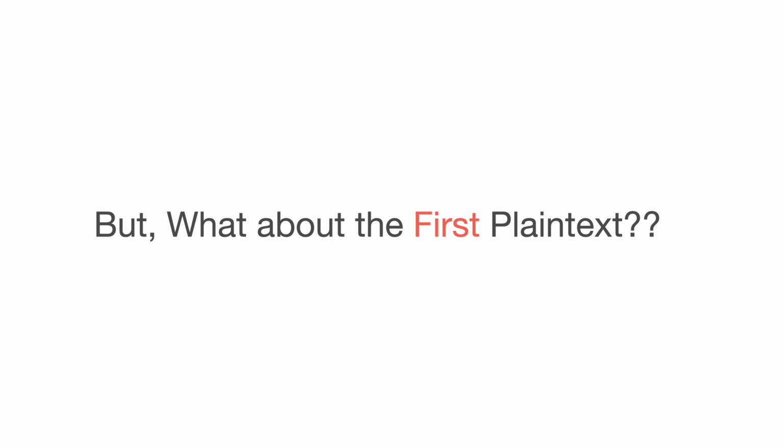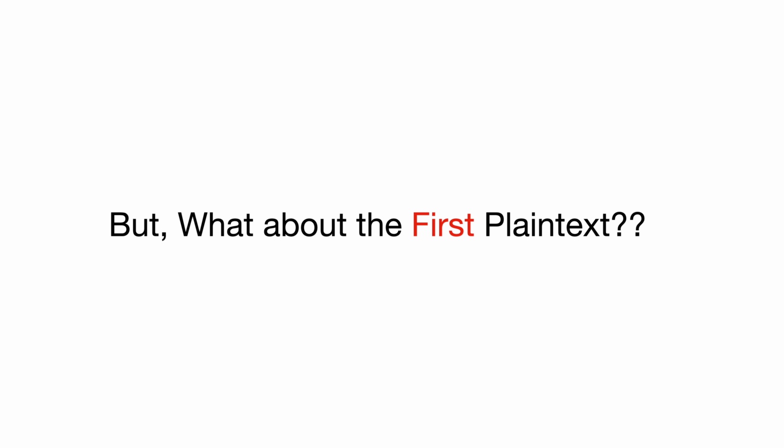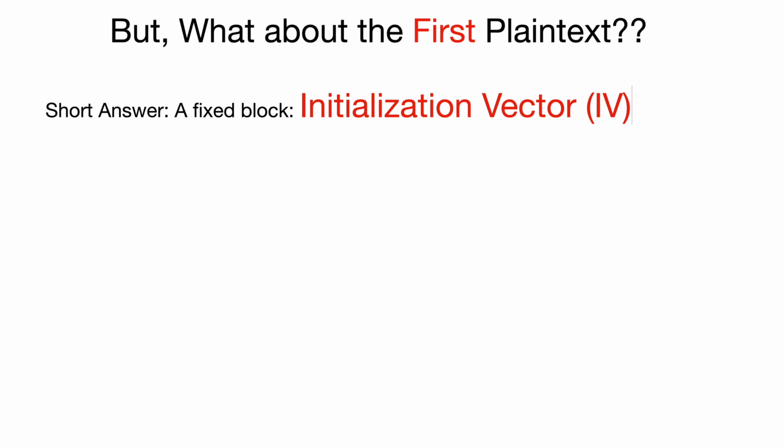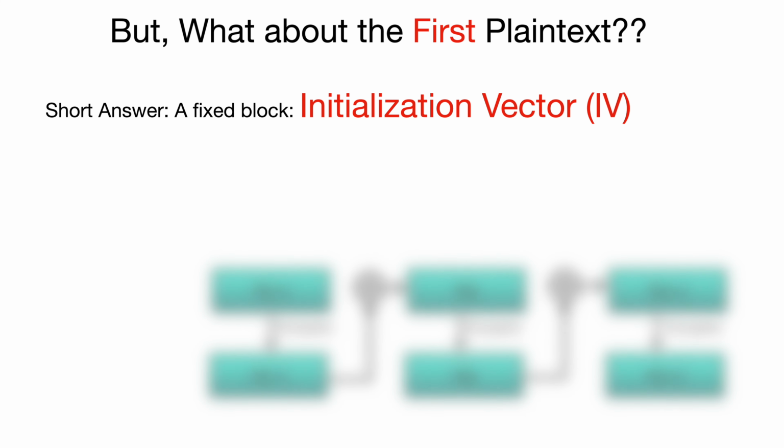But the question arises: what about the first plaintext? We don't have any previous ciphertext for it. The answer is we have a fixed block which we call the initialization vector. Its name comes from the fact that it is used at the initial position.